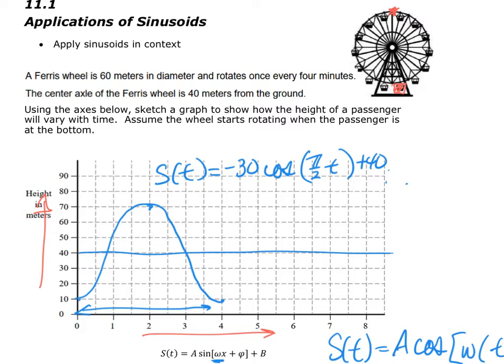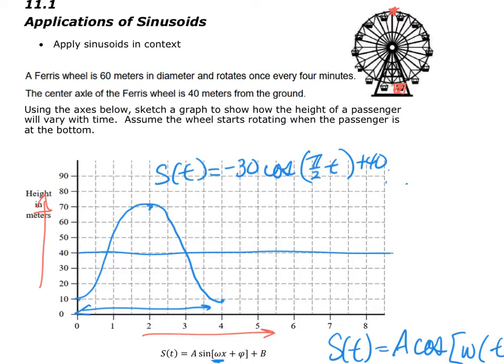It means I have a period change, so instead of going from 0 to 2 pi, I'm going from 0 to 4. The omega is your period change. If that wouldn't have been pi over 2, if I wouldn't have had pi as a multiplier in my omega, then I would have had to find numbers in terms of pi. And we usually don't count in terms of pi.